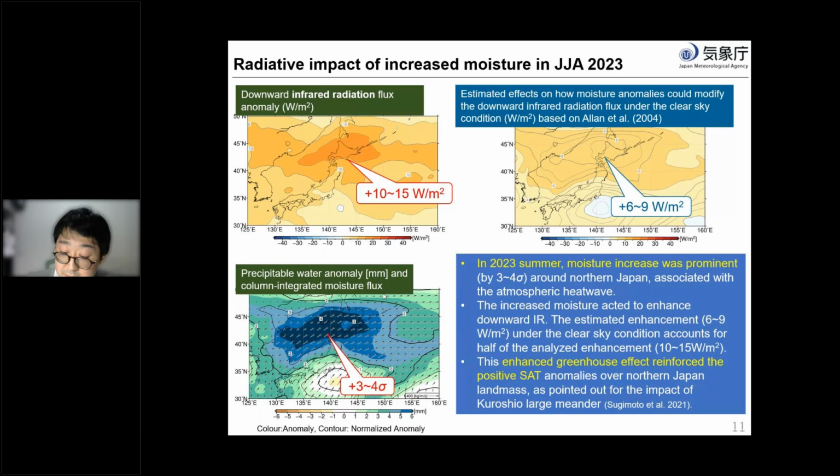The estimated enhancement was about plus 6 to 9 watts per square meter under the clear sky condition, which accounts for more than half of the analyzed enhancement, about 10 to 15 watts per square meter. And most moisture was transported from the tropics, but there was additional local supply from the warmer oceans. So this enhanced greenhouse effect reinforced the positive surface air temperature anomalies over the northern Japan landmass, as pointed out for the impact of the Kuroshio large meander.